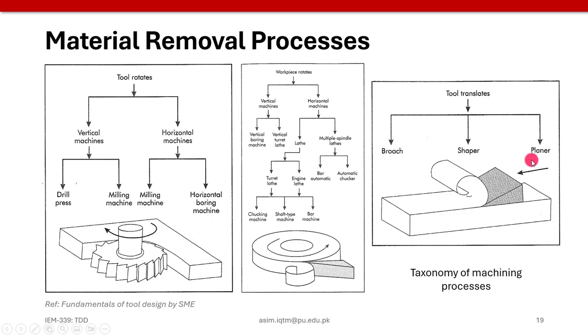So to sum up, in material removal processes, we have different kinds of tools, single point cutting tools or multi-point cutting tools, and drill bits, which are actually the most important thing with respect to a tool and die design course, important in their designing and in their construction for producing the final shape of the part.